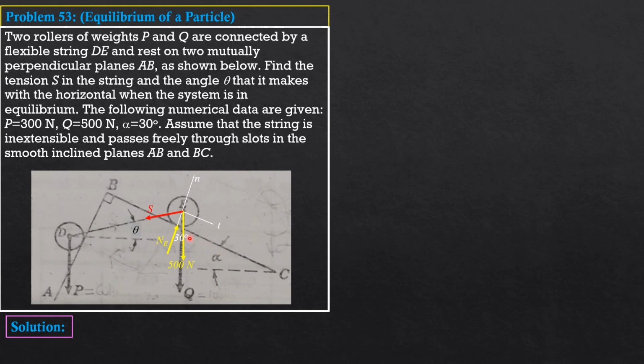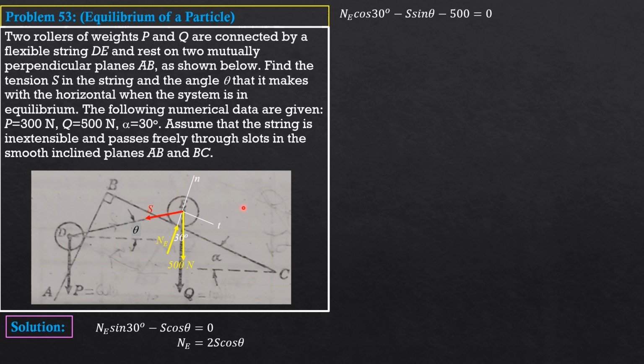So summation of forces horizontal equals 0. Then NE sine of 30 degrees minus S cosine theta equals 0. So that means NE is equal to 2S cosine theta. Then summation of forces vertical: NE cosine 30 minus S sine theta, the vertical component of S, minus weight 500 equals 0.